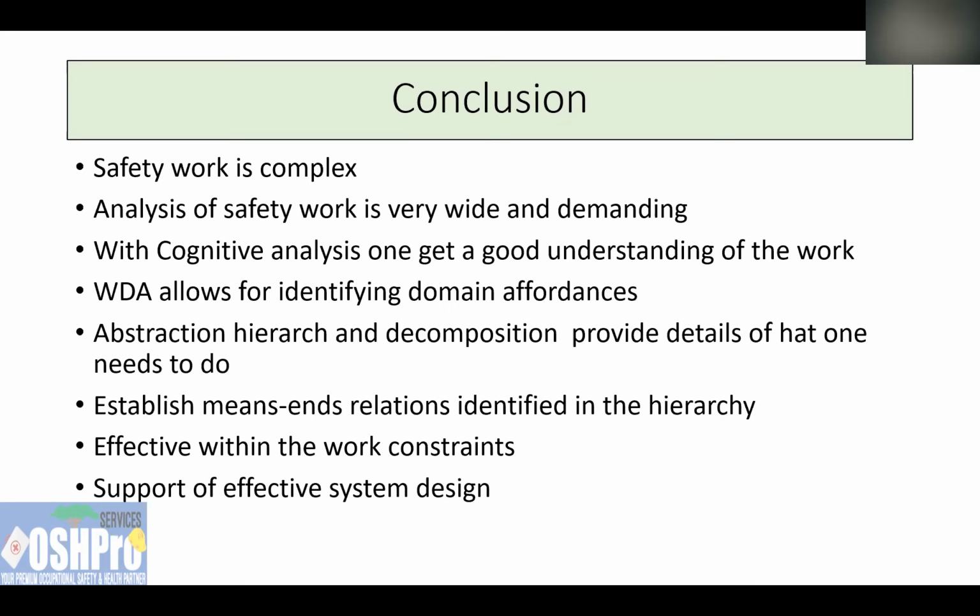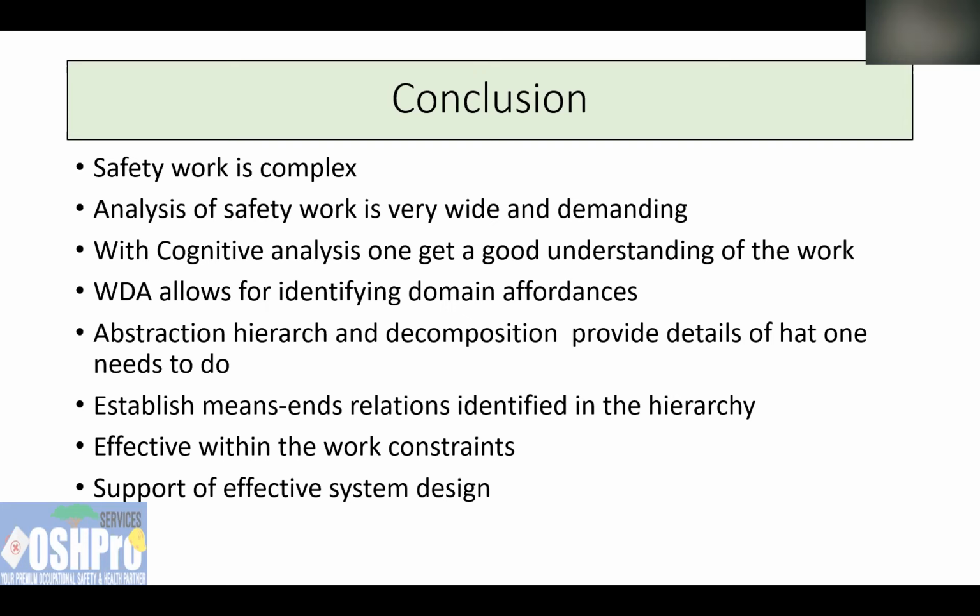We have the abstraction hierarchy and the decomposition, where we go to the little details of the individual or the section or the department, versus what we need for the entire company in general. The means-ends relationships identified in the hierarchy tell you what you want to do, how you can do it, and what you need to do to do it.